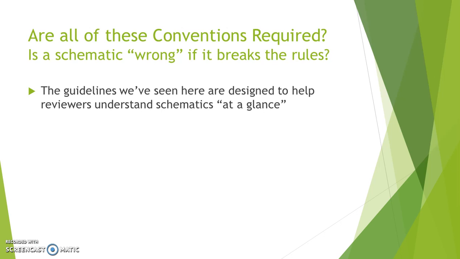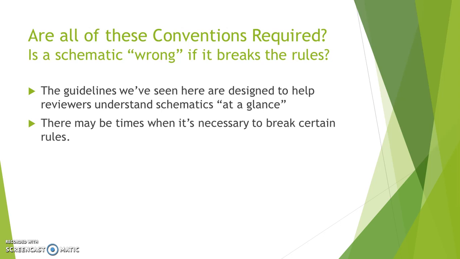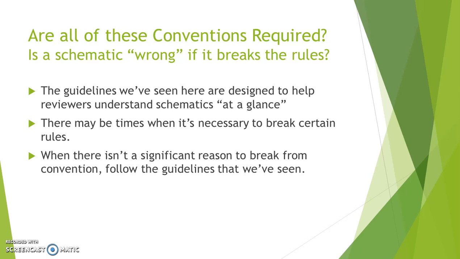If you don't follow those guidelines, there may be issues with that, but it doesn't make a circuit necessarily wrong. And in some cases, with very complicated circuits, you'll need to break certain of the rules. You might have to, for example, have a diagonal wire for some reason. There may be times when it's necessary. It won't likely be in our class because we won't be building such complicated circuits. When there isn't a significant reason to break from the convention, just follow the guidelines we've seen and you'll do fine.